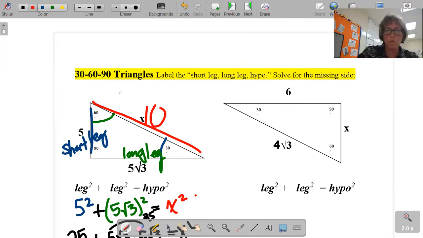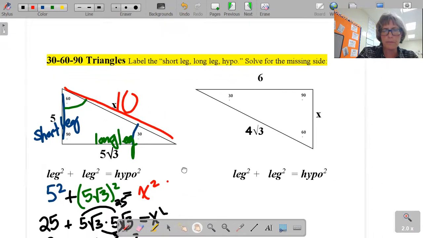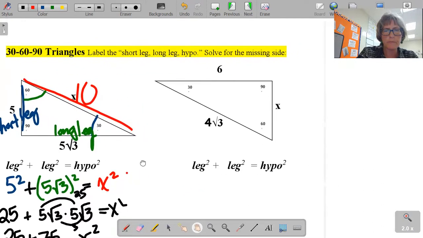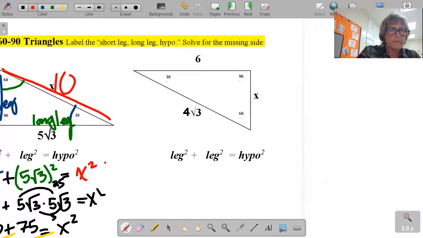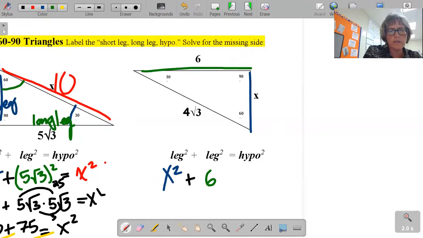Let's come over here and see what happened. This time we don't have the short leg. We're going to call this x squared. Our other leg is 6 squared.